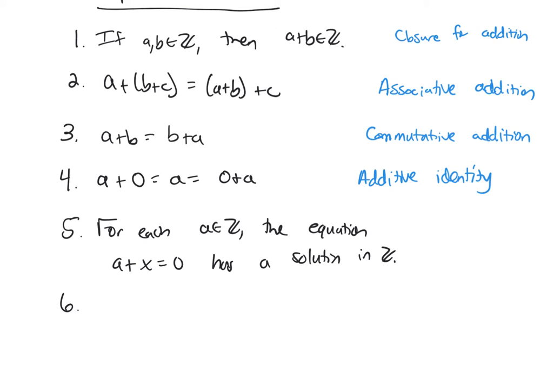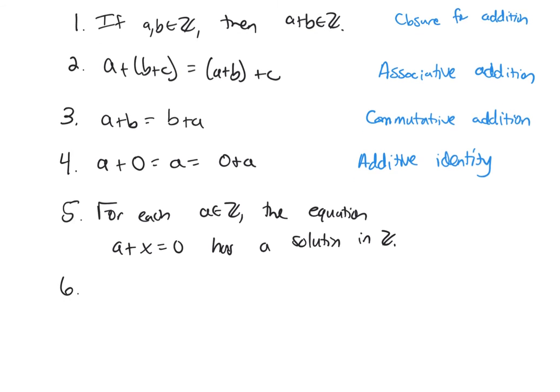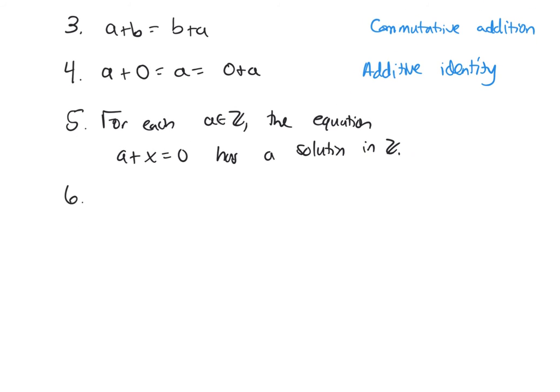The sixth property, so now we're going to change to talking about multiplication. If I take two integers and multiply them, their product is an integer. This is closure for multiplication.